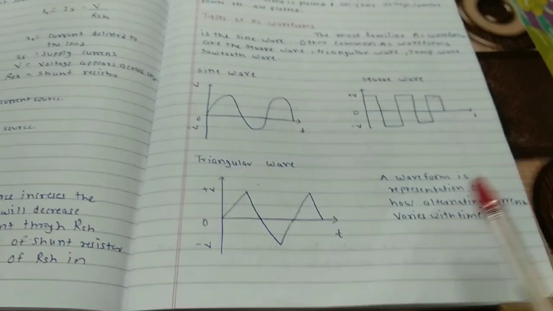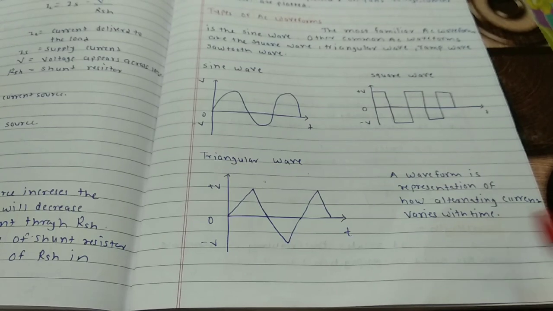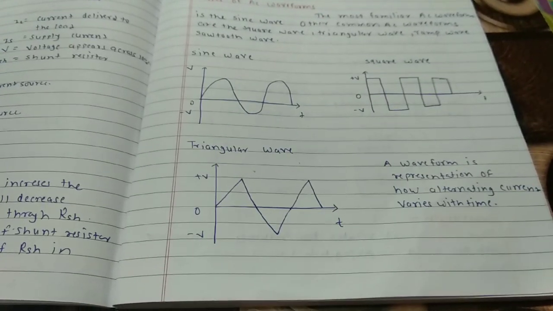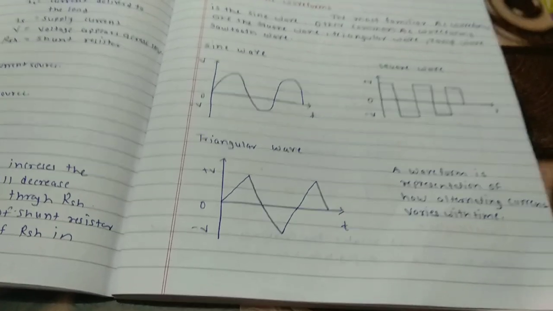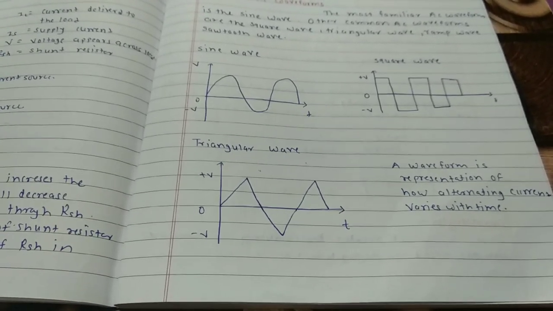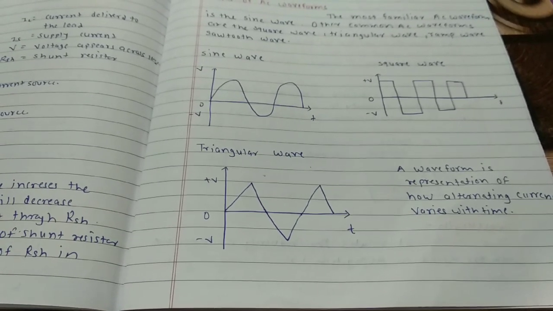A waveform is a representation of how alternating current varies with time. It shows how an alternating current, or any alternating quantity, say voltage or power, varies with time.